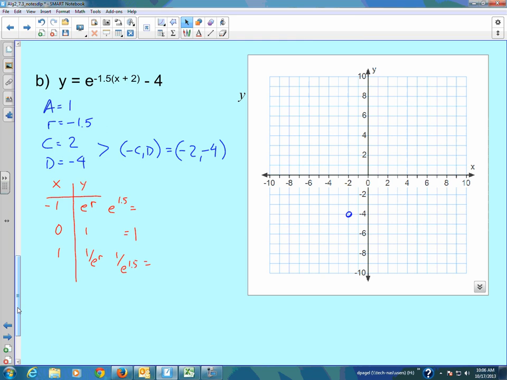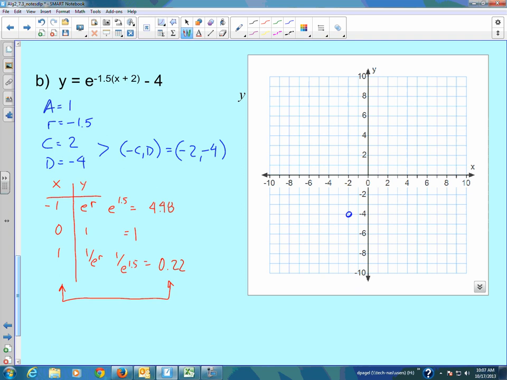All right, let's make sure I put these in correctly this time. We're going to do our e to the 1.5 power, which is 4.48. And then we take the reciprocal of that, and we get 0.22. So those should be my movements, my left-right movements and my up-down movements.